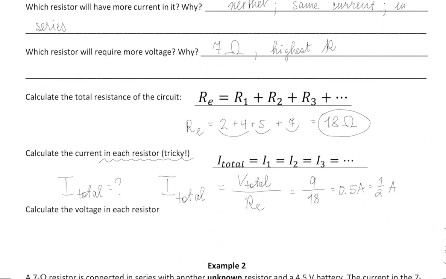So even though they're talking about in each resistor, we don't have to divide it by anything. This is the current in each resistor. They all have the same current. That's the rule. In series, all resistors have the same current. Take total voltage, divide by total resistance, you'll get the total current, and that will be the current in each of the resistors. And then finally calculate the voltage in each resistor.